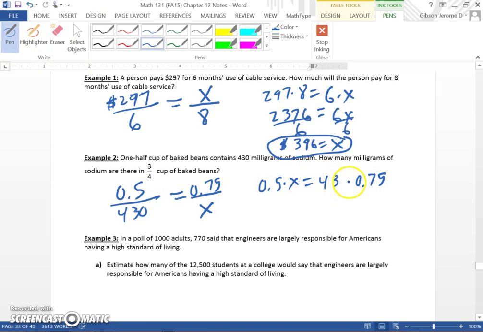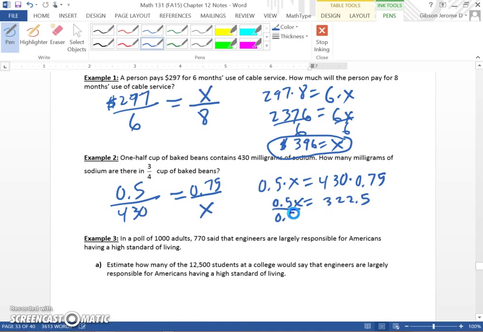Okay, now, so we have 0.5x is equal to, when we multiply 430 times 0.75, that gives us 322.5.